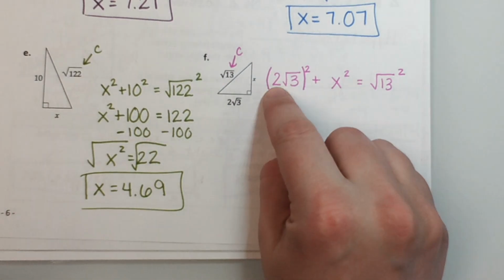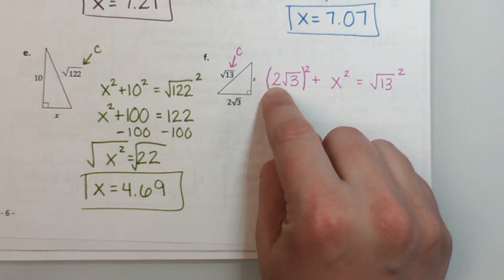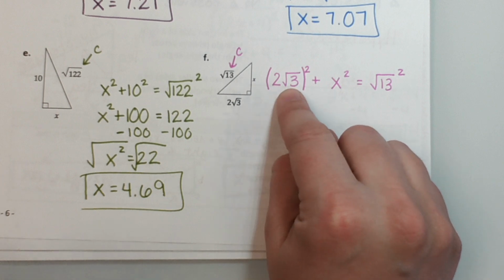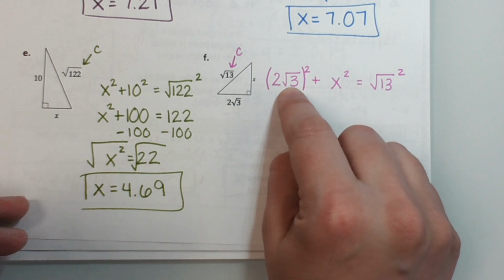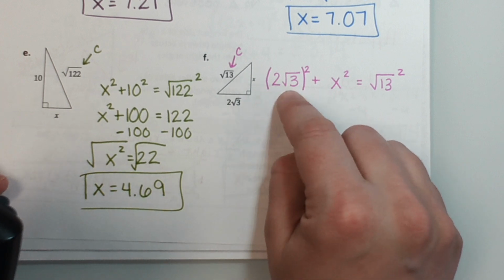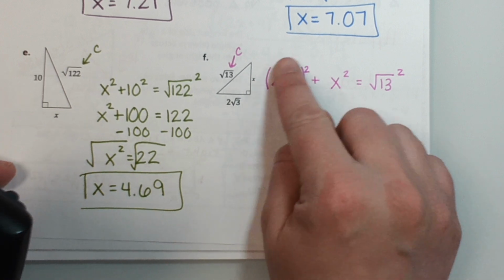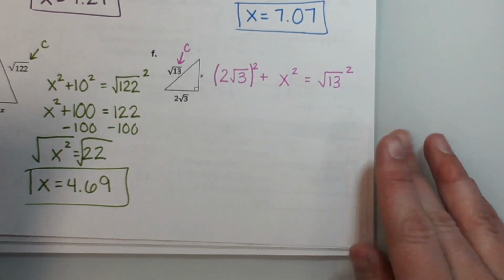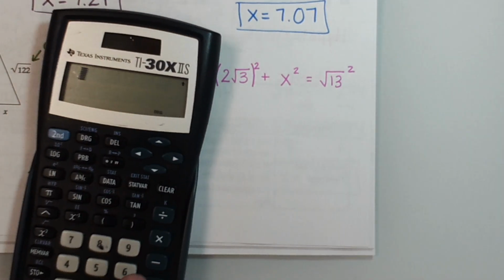What is 2 squared? 4. Square root of 3 squared, square and square root would cancel, and so you'd be left with 3. So in all technicality, it should be 4 times 3, which is 12. We should get 12. But if you don't type it into your calculator correctly, you're not going to get 12.